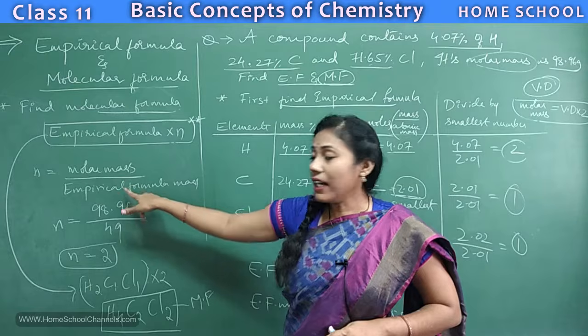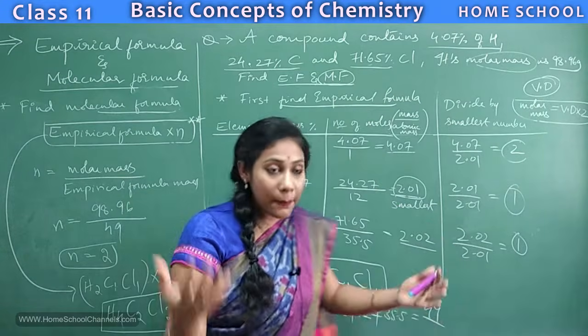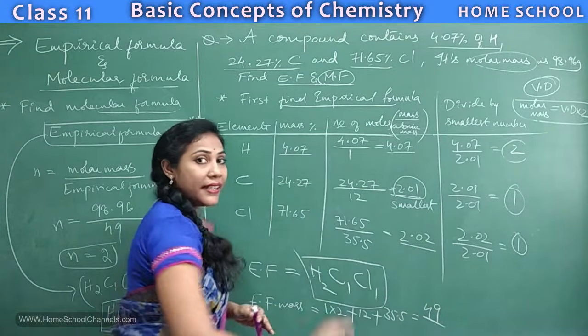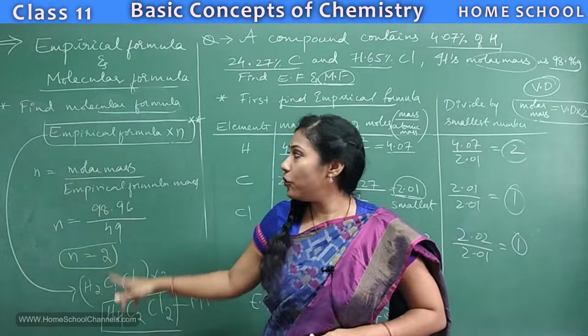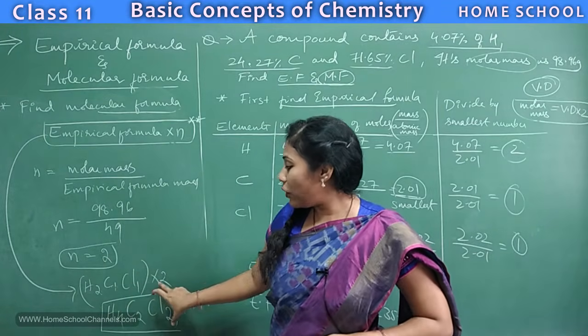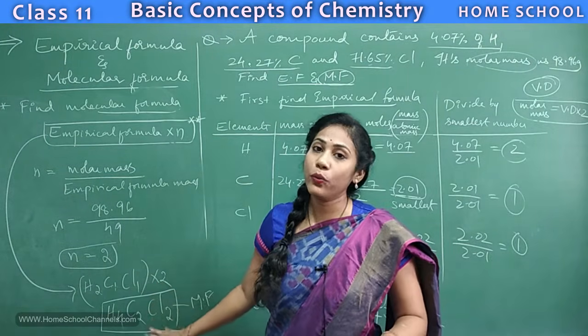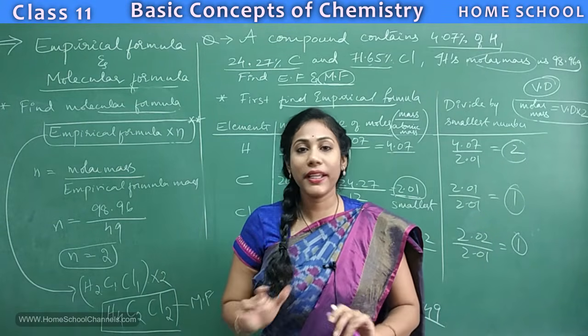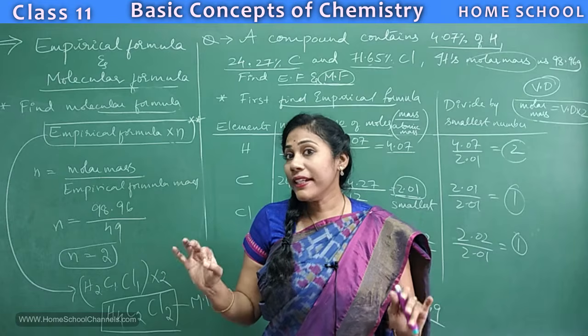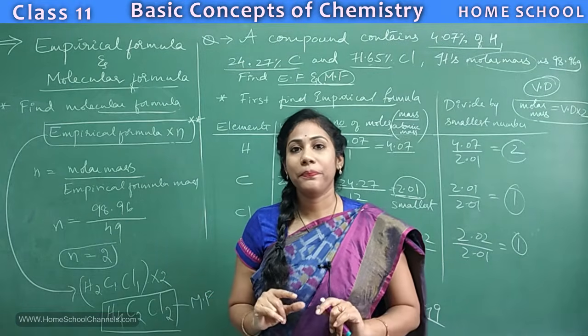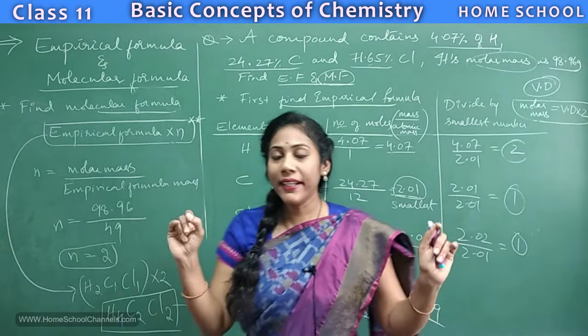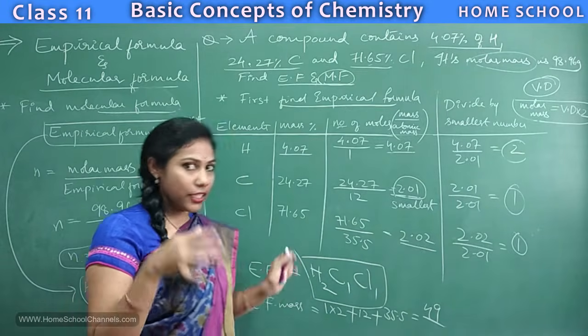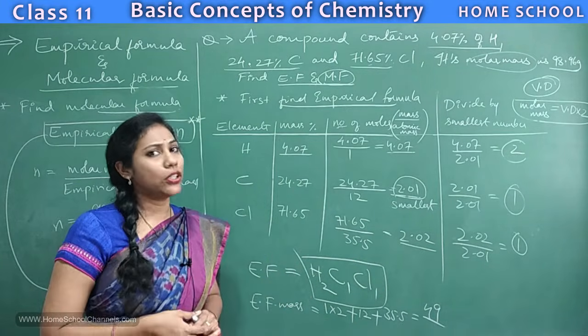Then you calculate the empirical formula mass, substitute, find the n value and multiply the empirical formula with the n value, and you will get the molecular formula. Okay, fine. So now let us go for one more example, and if you want the entire process you can take a screenshot and we'll move on to the next problem.